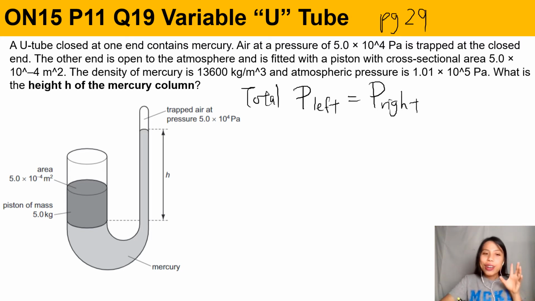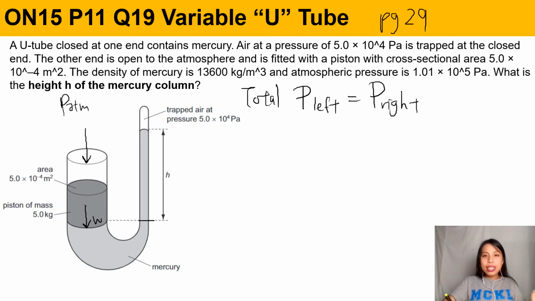Means all this left side, oh, it's open air, so got atmospheric pressure pressing down also. The atmospheric pressure, the piston with some weight also pressing down. And then on the other side, closed tube. Closed means no atmospheric pressure pushing down on it. So just the air and the column H of water.